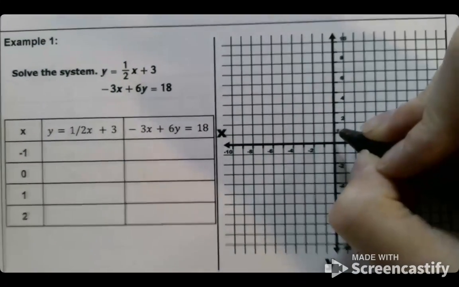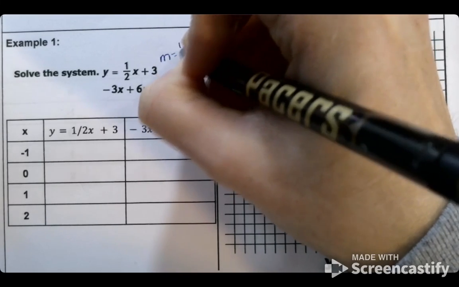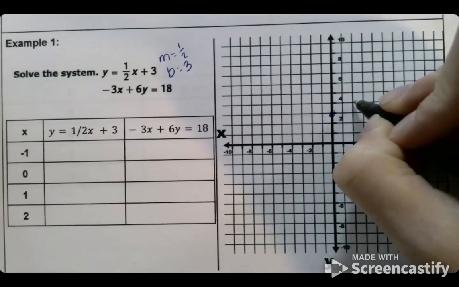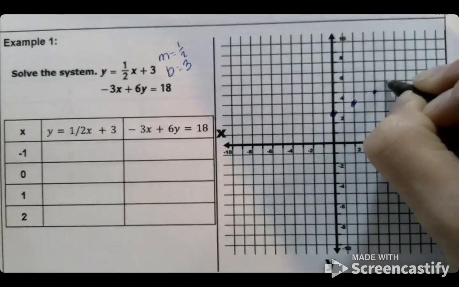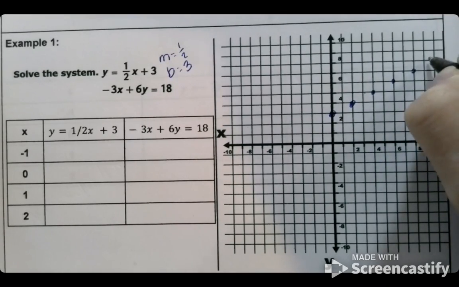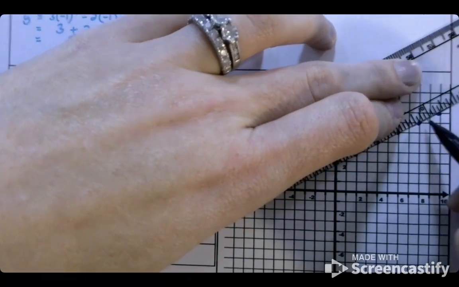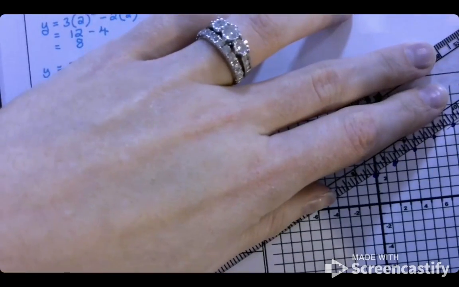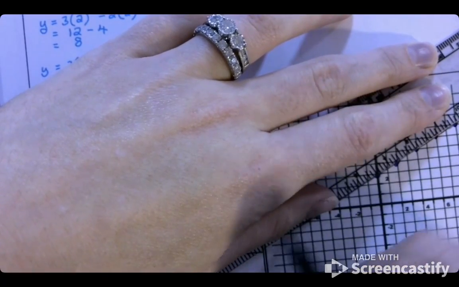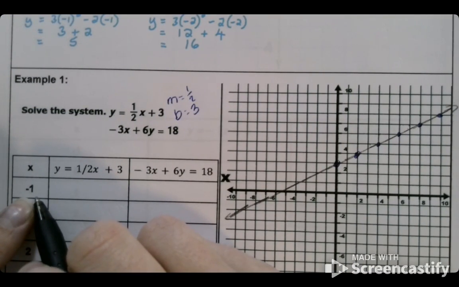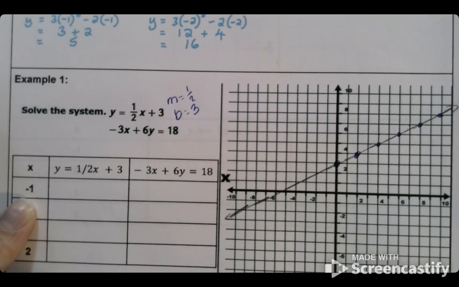So I'm going to say m is 1/2, b is 3. So 1, 2, 3, and then up 1 over 2. And then grab my point. But then I actually want to put in, because this will be a nice check, and see, do we get the same answers? Because we should, right? So if I were to plug in -1, I did not think that through, but that's okay.